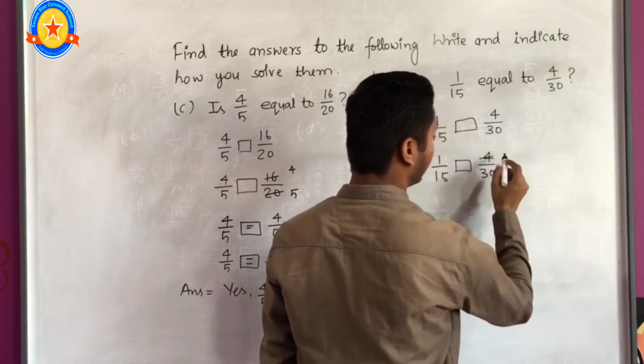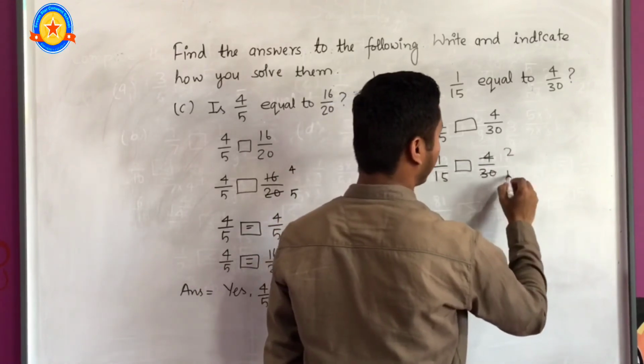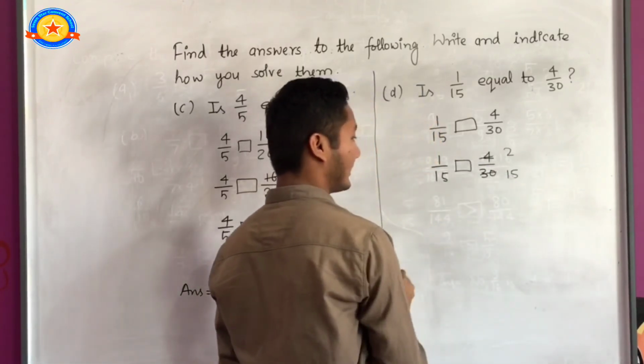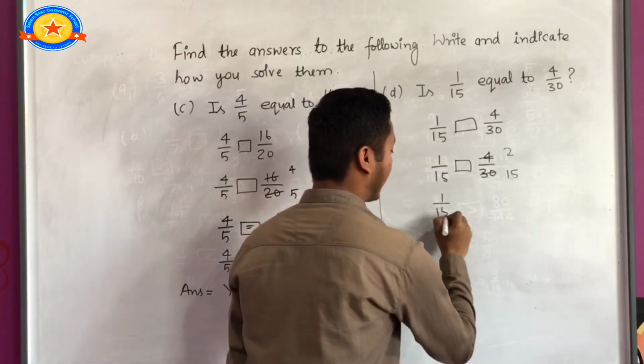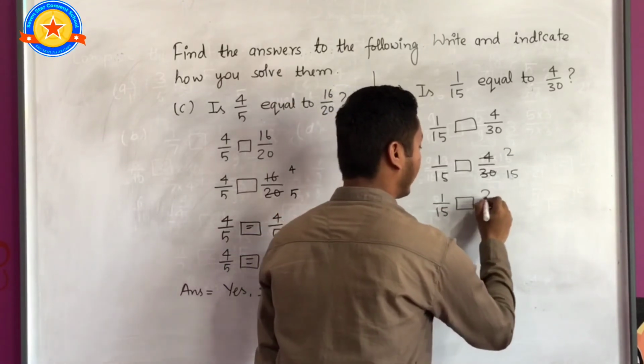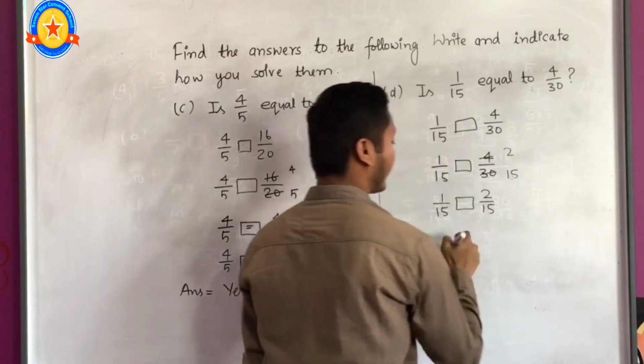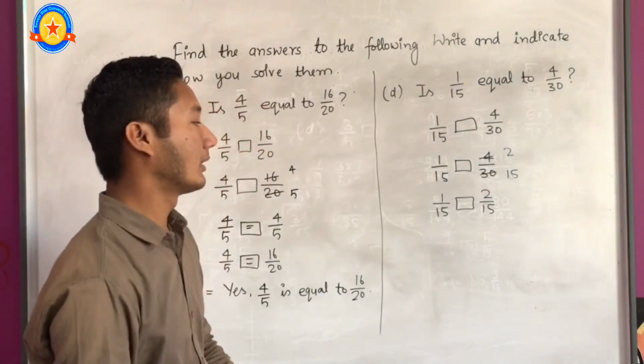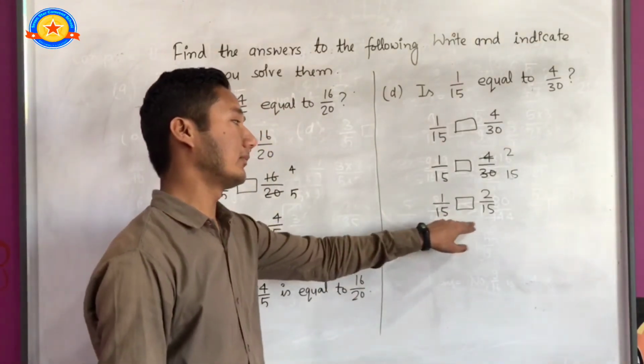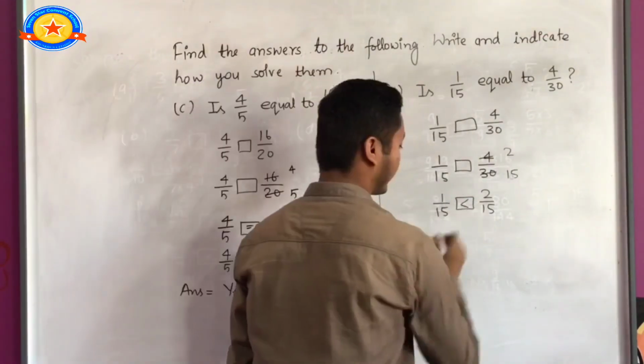It becomes 2 2s are 4, 2 15s are 30. It becomes 1 by 5 and 2 by 15. Now in this case we can say when the denominators are same, then 2 by 15 is greater.